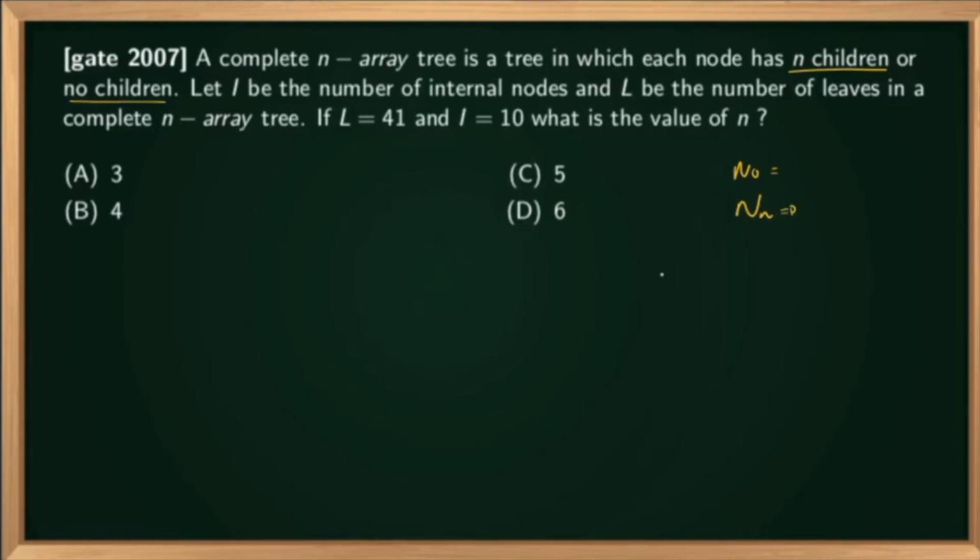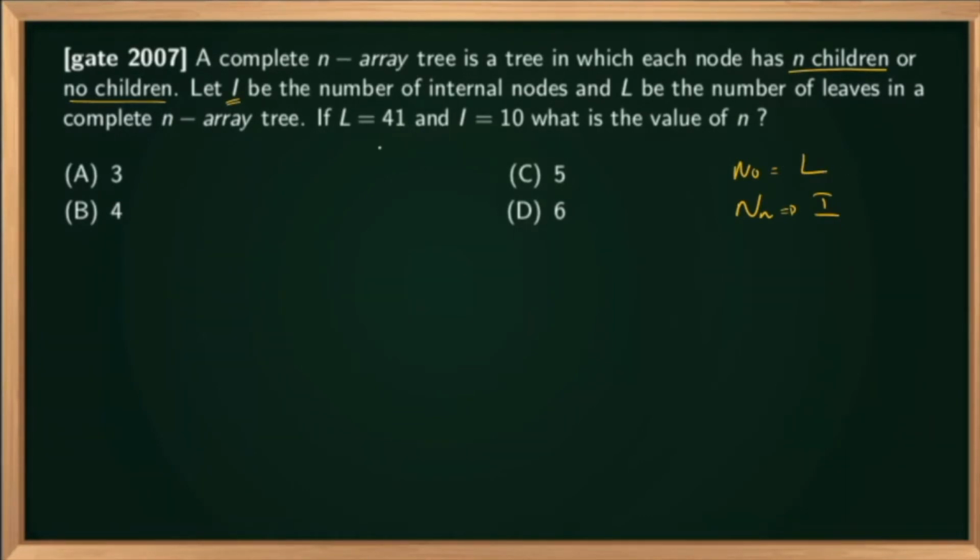Only these two types of nodes exist. It's given that I is the number of internal nodes, that is Nn, and L is the number of leaves. So N0 is given as L.